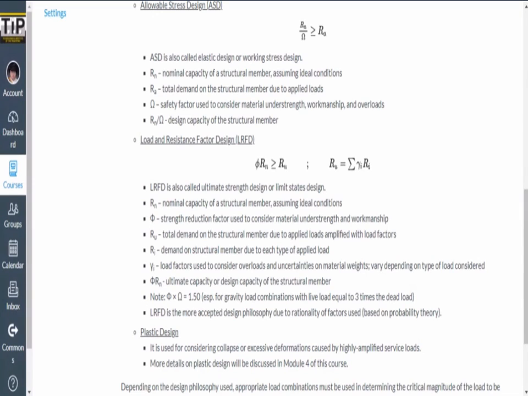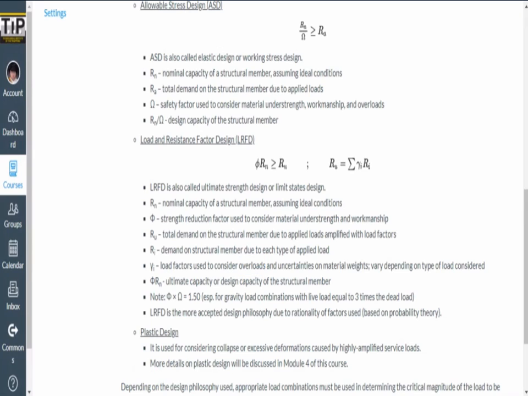Okay, so during the course of this study, we will be enumerating the strength reduction factor for each action that we consider. So that's the main difference between the two, the ASD and LRFD. LRFD has a better basis of how we determine the uncertainties, like the material understrength, workmanship, and the overloads.